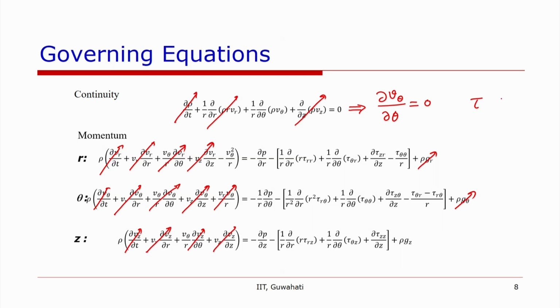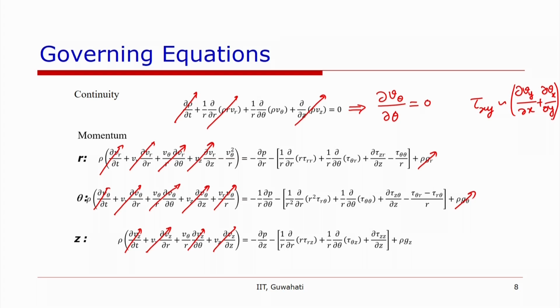Tau xy is proportional to del vy over del x plus del vx over del y.